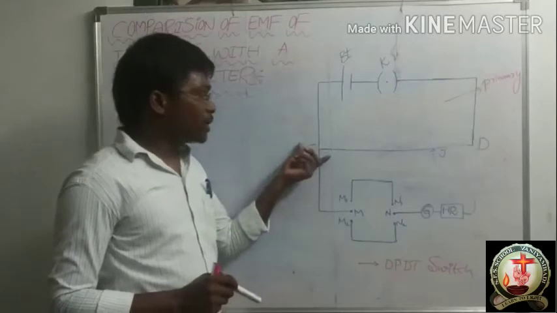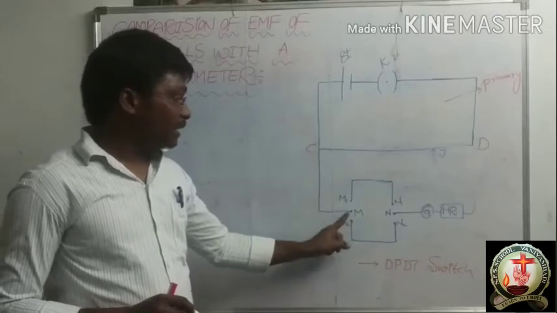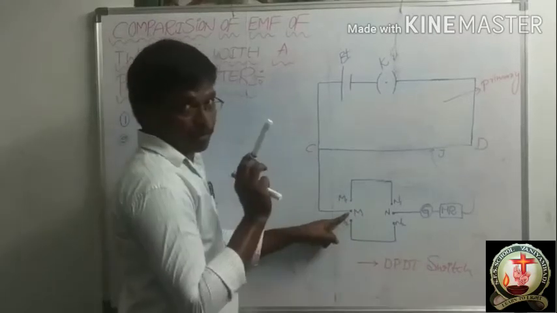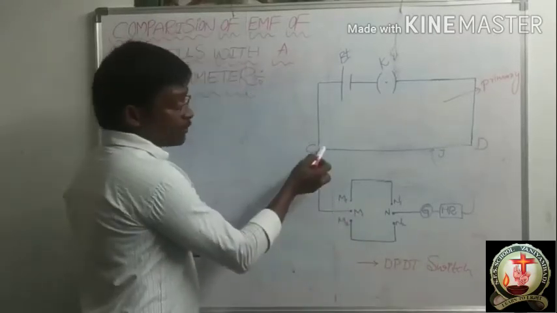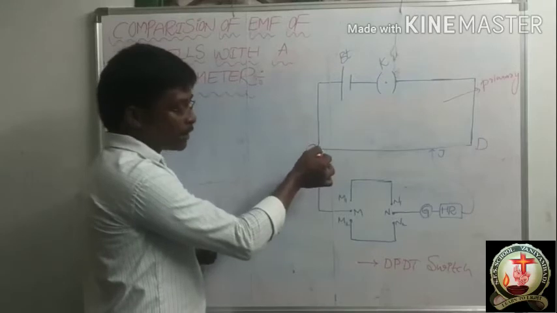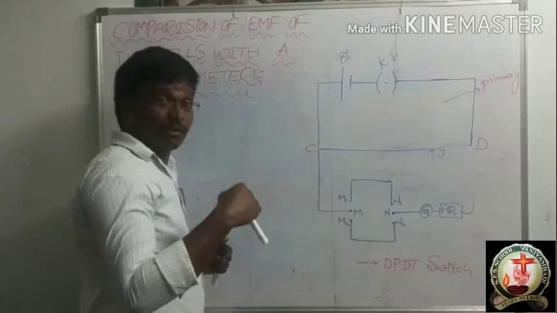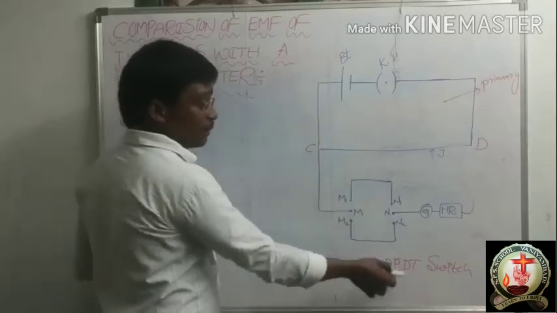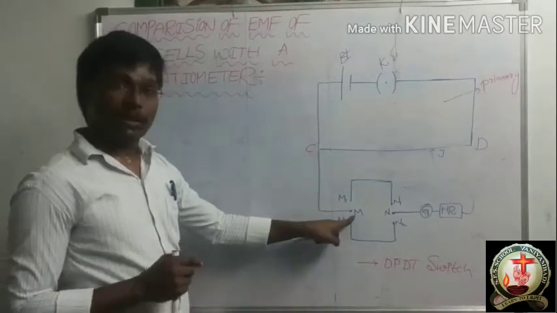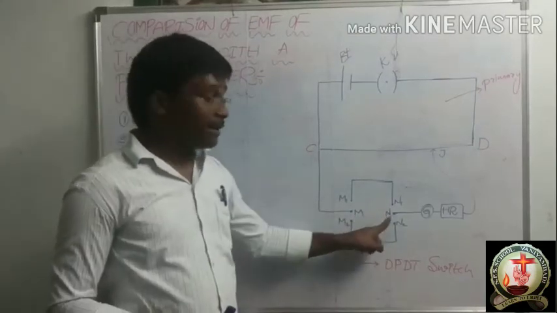One end of the potentiometer wire C is connected with one terminal of the DP-DT switch, M. Once again I will tell: one end of the potentiometer wire is connected to one end of the DP-DT switch. What is that end? M. And the other end, N.